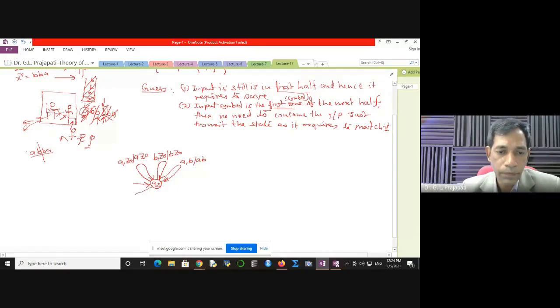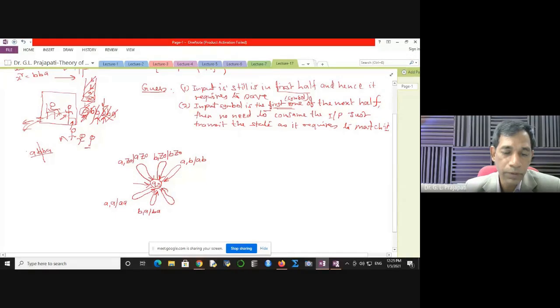Again, you can have the input A and the top can also be A, so you need to save. Other possibilities, you may have the input B and the top can be A. Again, you need to save, so A can be replaced with B, and B will be on the top.